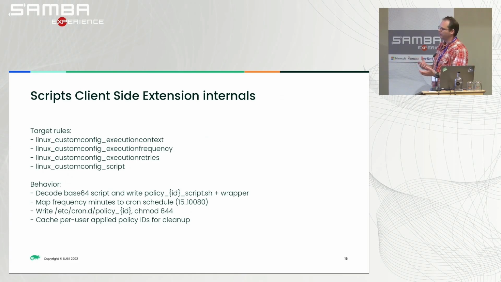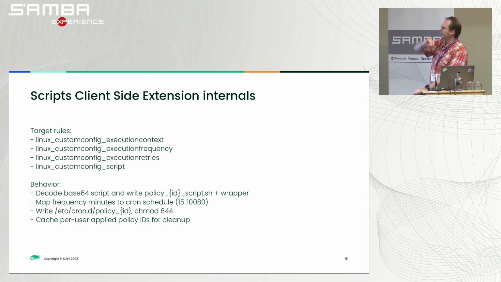So now I'm going to step through the different policies, the client-side extensions. In the policies response, one of the ones we get is this custom config extension. These are scripts.